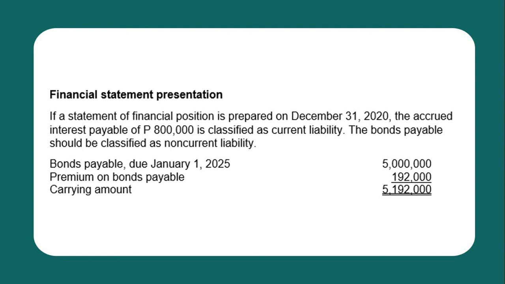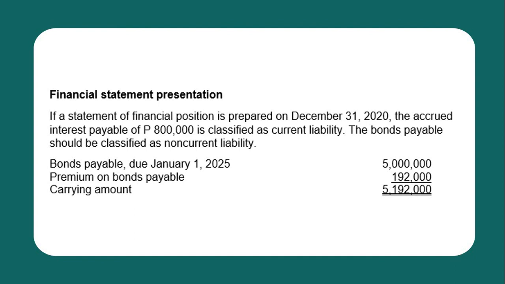Financial statement presentation. So, how do we present these bonds in our financial statement? So, if a statement of financial position is prepared on December 31, 2020, the accrued interest payable of 800,000 is classified as current liability. The bonds payable should be classified as non-current.